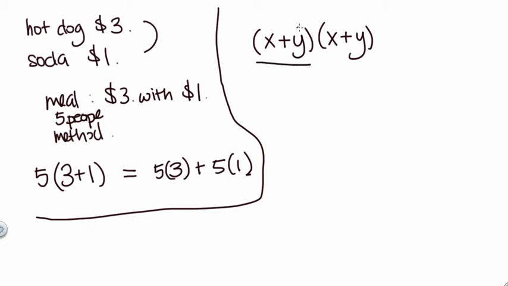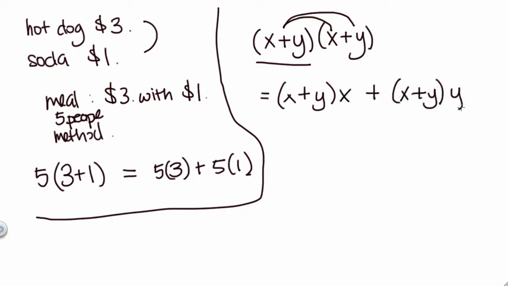So this could be one thing, and then distribute this entire thing to x and then to y. So it could be x plus y times x, and then x plus y times y. Then we could do the distributive property again, because the order of multiplication doesn't matter. It can be on either side and you still distribute.